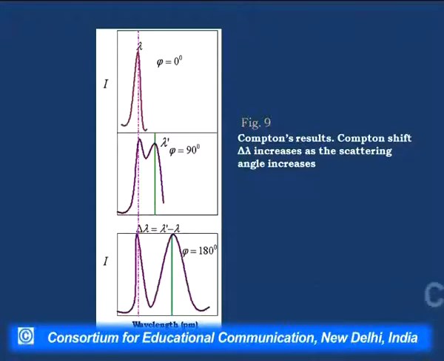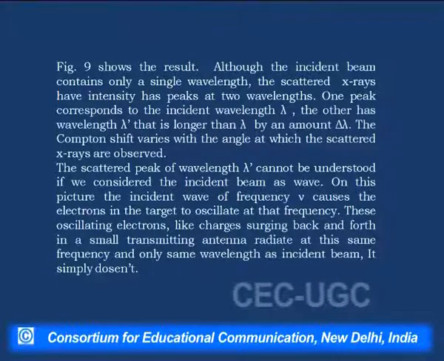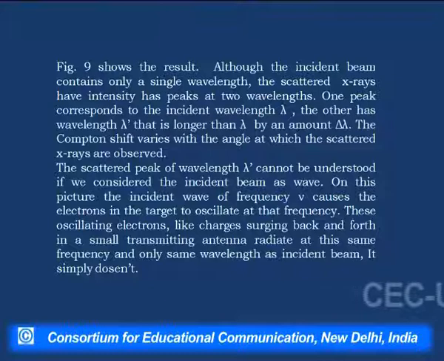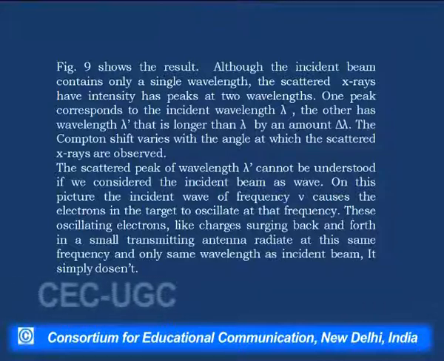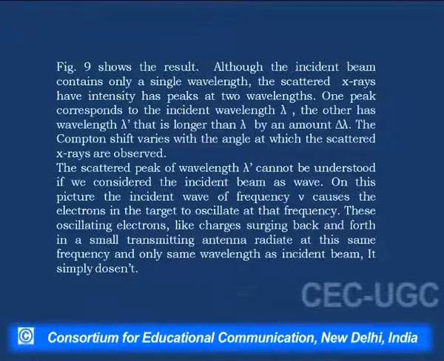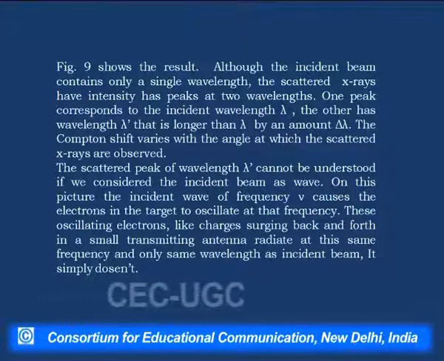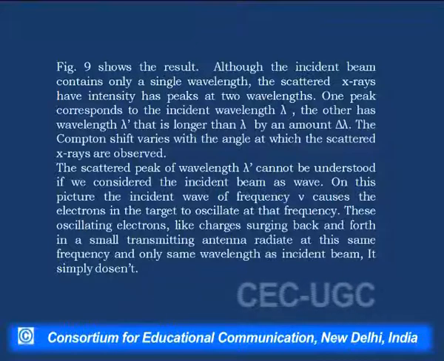If we try to explain this with the help of wave theory, or we consider these X-rays to be a beam of electromagnetic waves, we cannot explain the lambda dash peak. But if we consider the photon model, we can explain the lambda dash peak as well as the original wavelength peak.